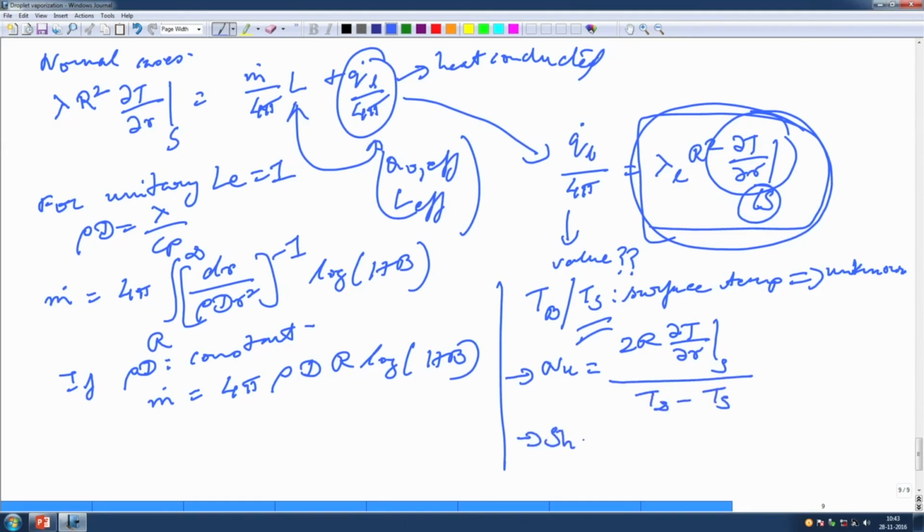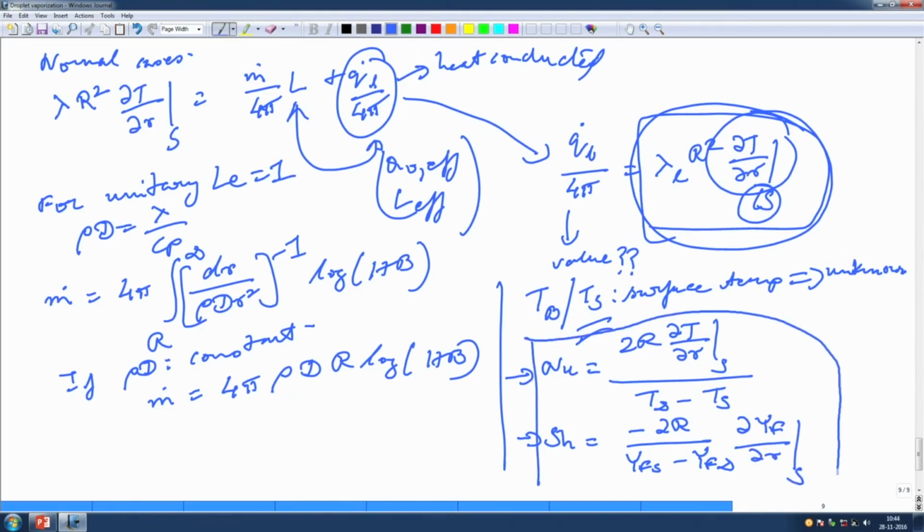Similarly, you can define something called the Sherwood number, which is basically the mass transfer equivalent: YFS minus YF infinity, dYF by dr at S. So the Nusselt number and Sherwood number are taken like that. Got it? These are definitions, no mathematics. We have just defined what the Sherwood number is going to be. This will be a useful quantity as we will see later.